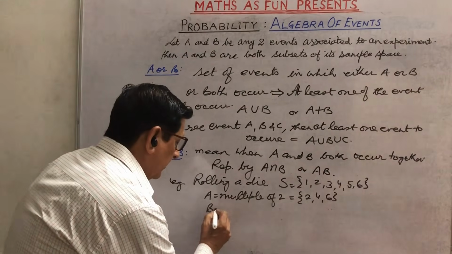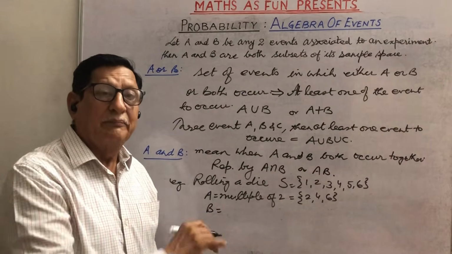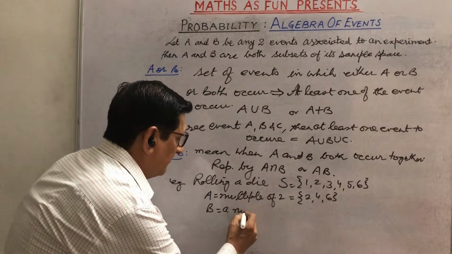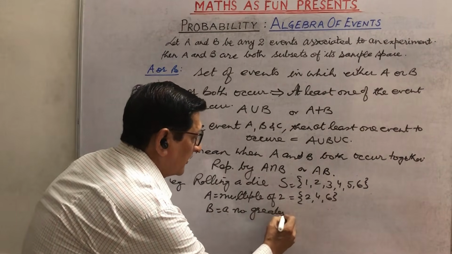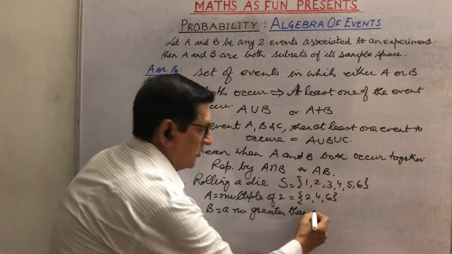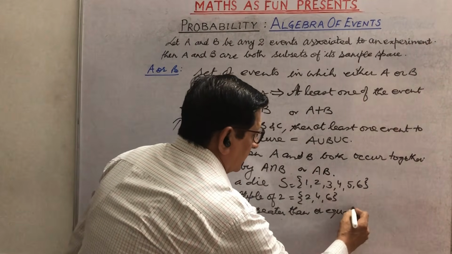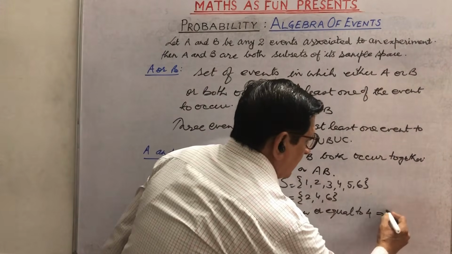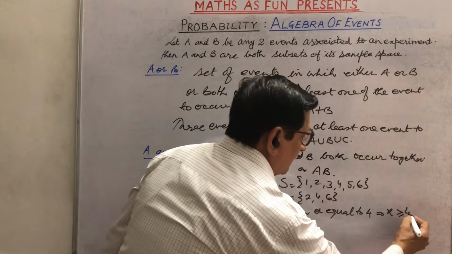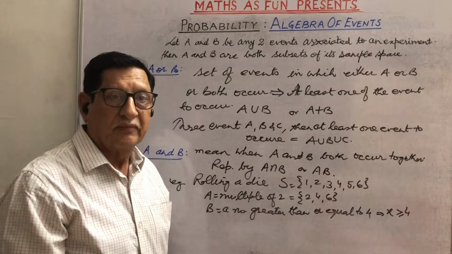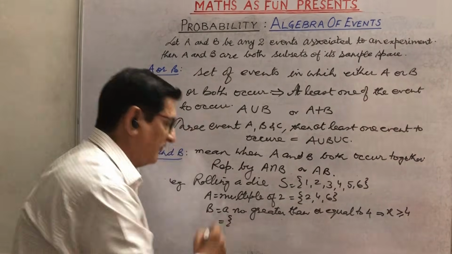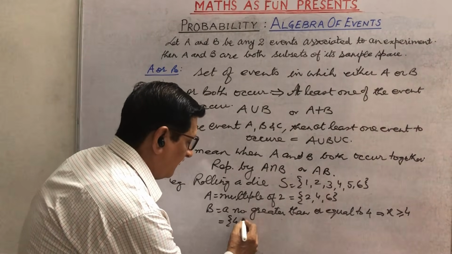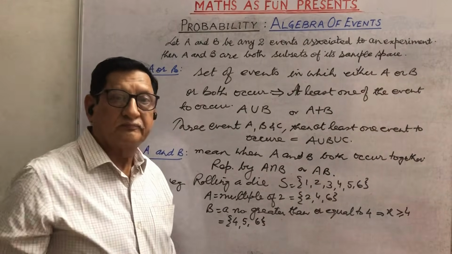And B is, suppose, a number greater than or equal to 4. It means x is greater than or equal to 4. Then B will have the events 4, 5 and 6.